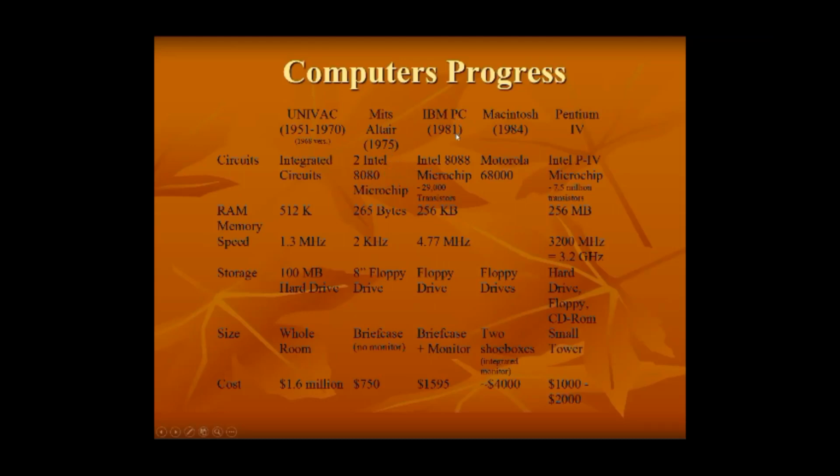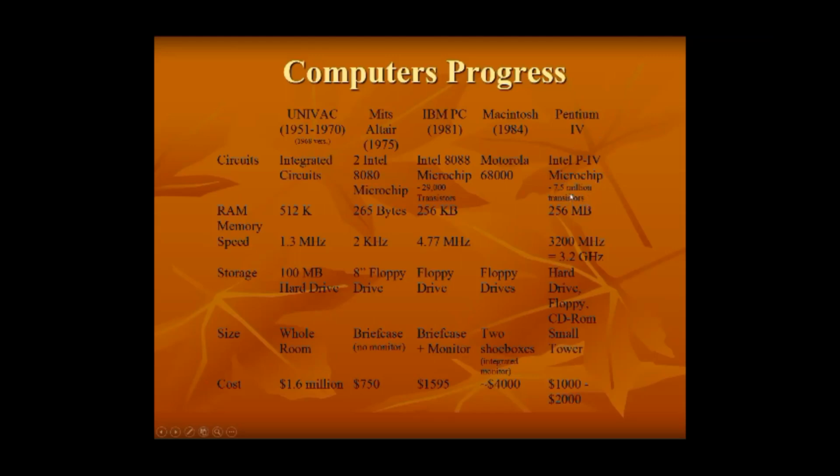Then the IBM PC in 1981 that uses the Intel 8088 microchip that consists of 29,000 transistors. Then the Macintosh in 1984 uses the Motorola 68,000. And then the Pentium 4 uses the Intel P4 processor or microchip that consists of 7.5 million transistors.